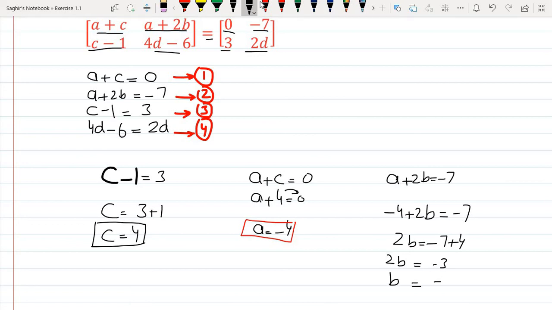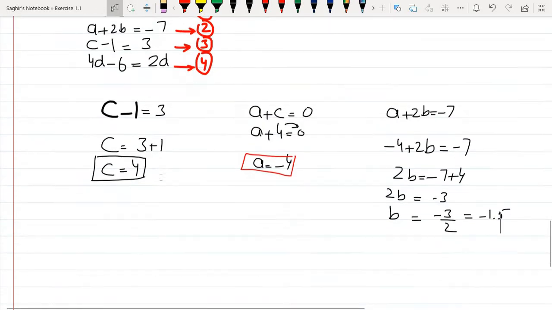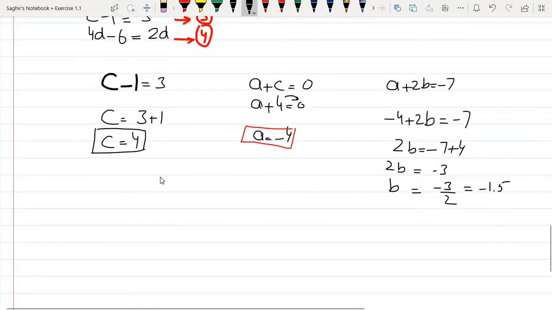B is equal to -3 by 2, and here we get -1.5. This is the answer. Now we are solving equation number 4, that is 4D minus 6 is equal to 2D.